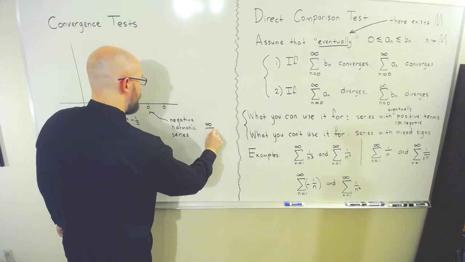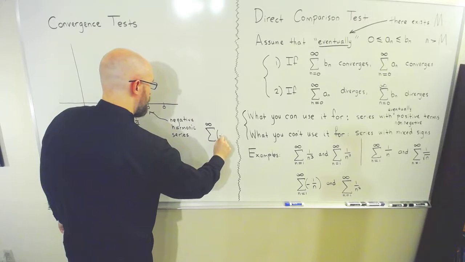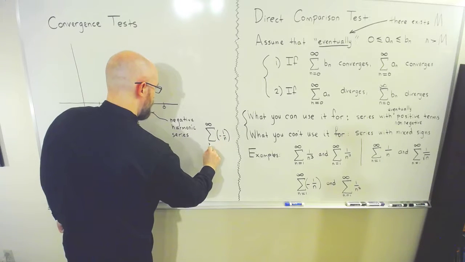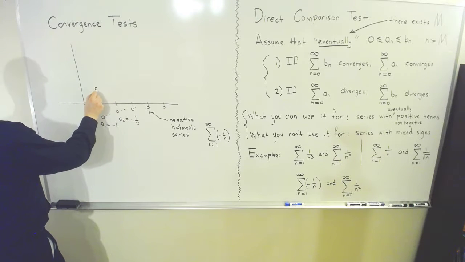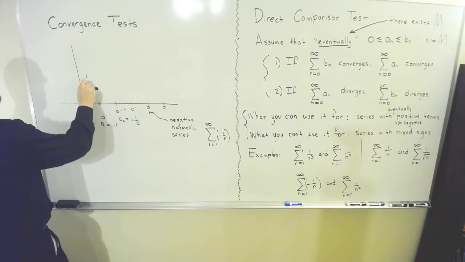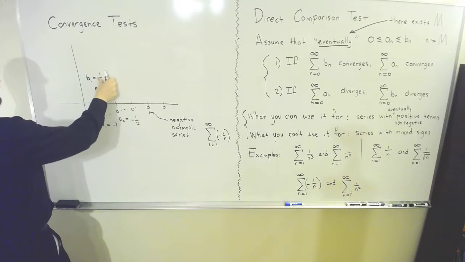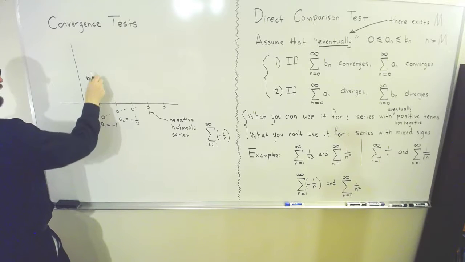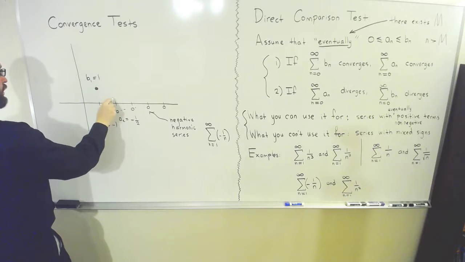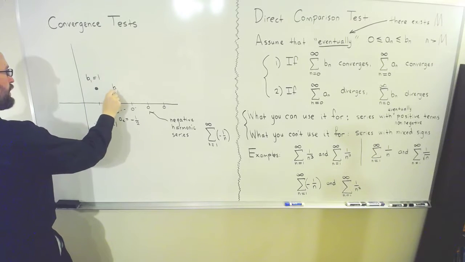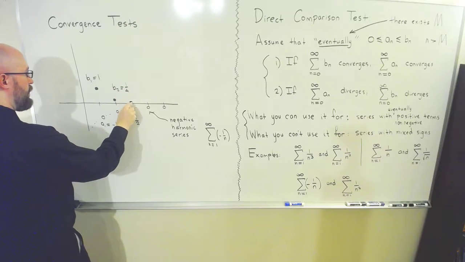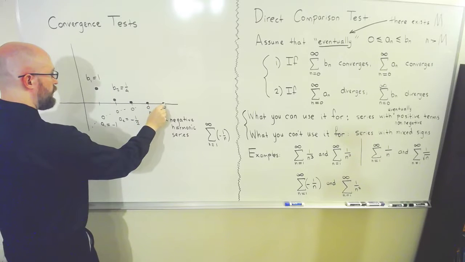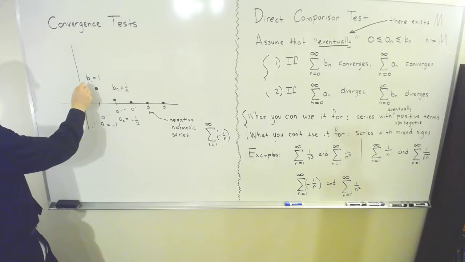So that's this one here. And then what I've got for the b's, b1 is 1/1, which I'll just call 1 like I did there. So b1 is 1, and then b2 is 1/4, and then b3 is going to be 1/9, and so this is getting very close to the axis here.